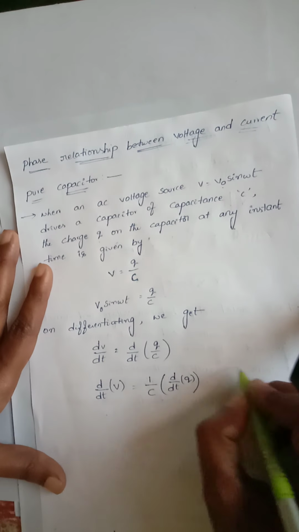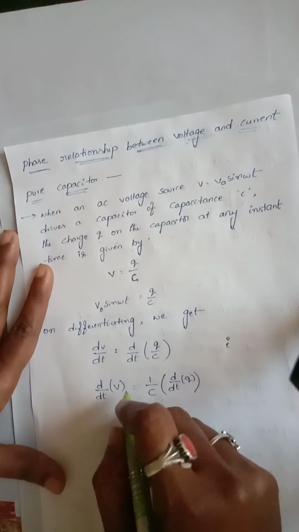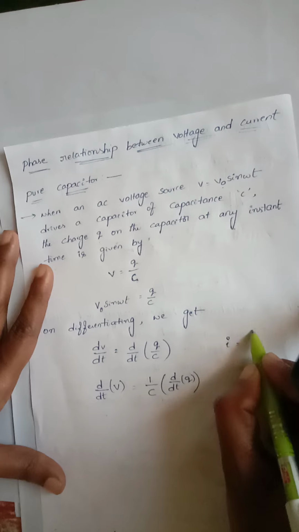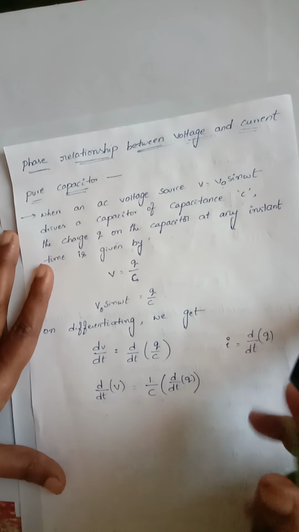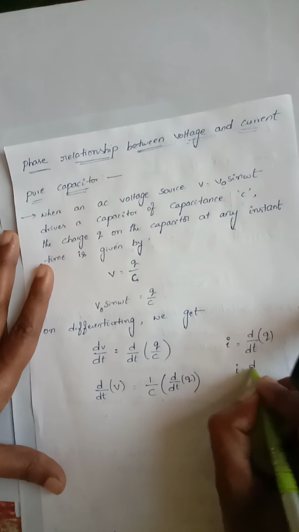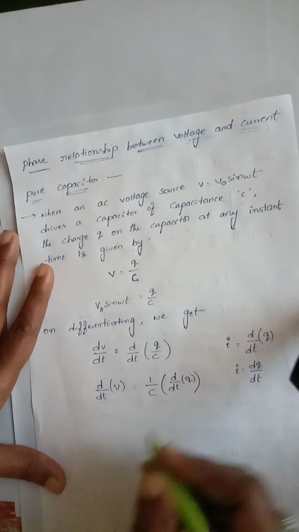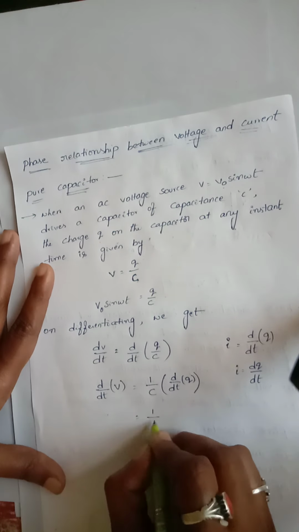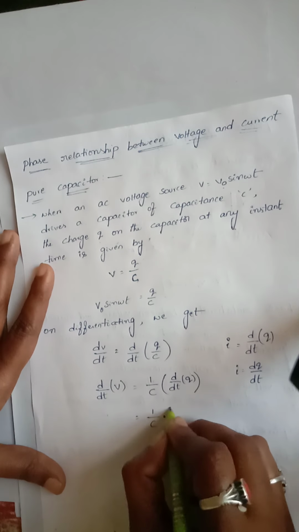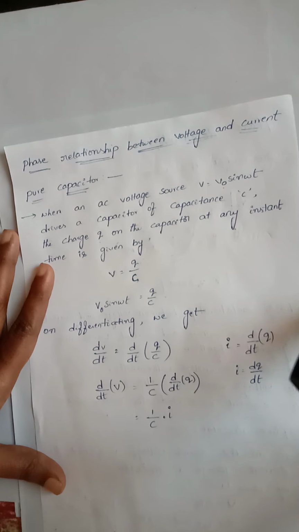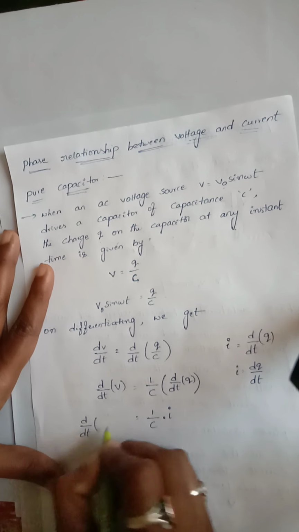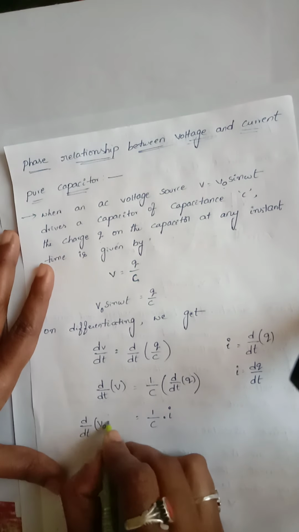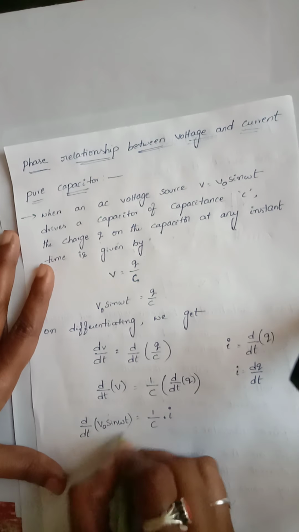Here we know the current definition: I is equal to the rate of change of charge, so I equals dq by dt. We substitute I here, giving I by C. What is V? V naught sin omega t.